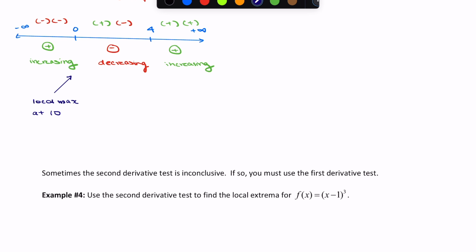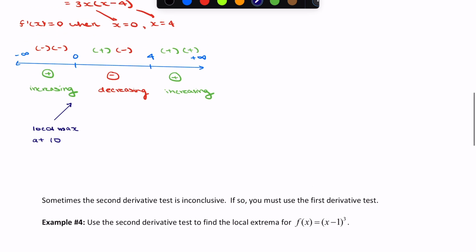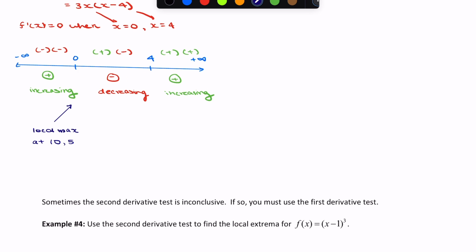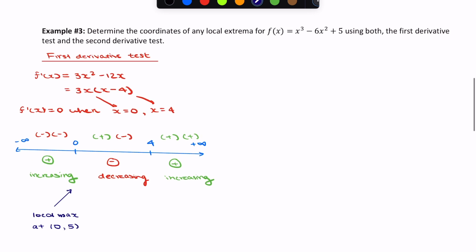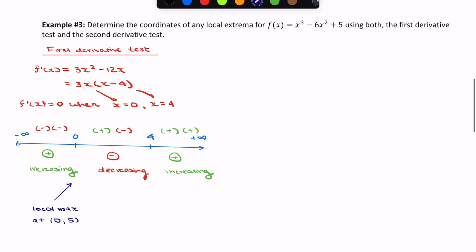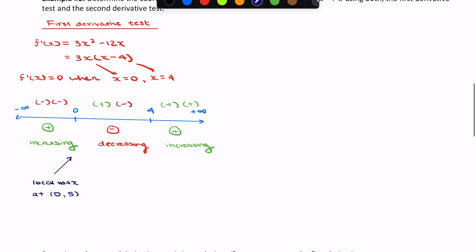And if we sub in 0 into our equation, we'll get 0 and 5, a local max at 0 and 5. So you sub that back into our equation of x cubed minus 6x squared plus 5. And here we see that at 4, there'll be a local minimum.